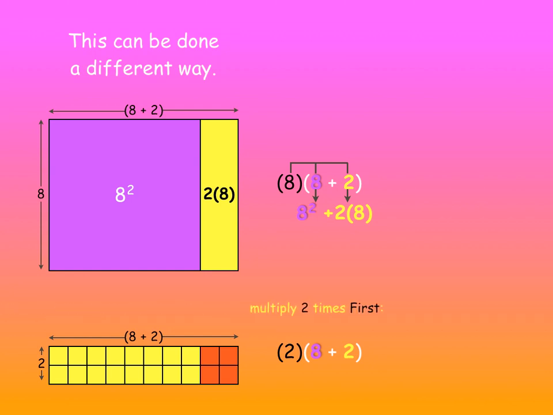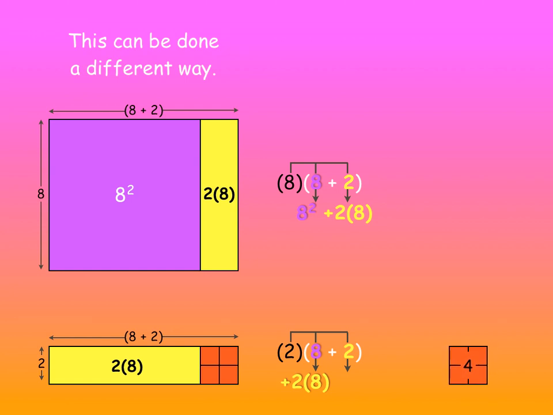Down below, multiply 2 times the first number. We'll just call it 2 times 8. And multiply 2 times the last number. And we'll say that's 4. Now, add them all together.